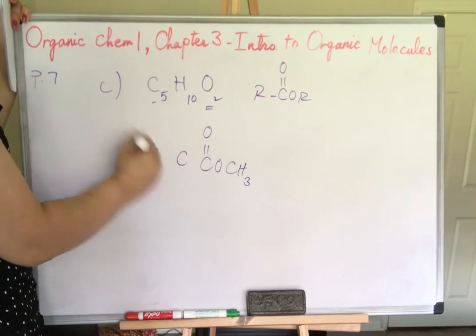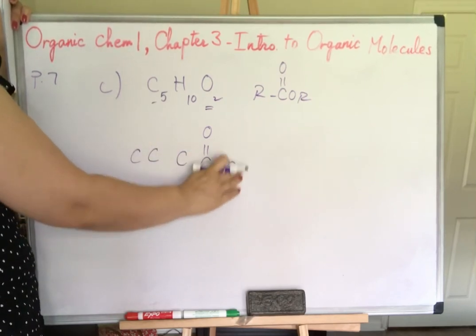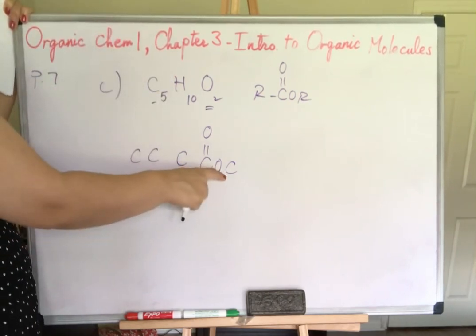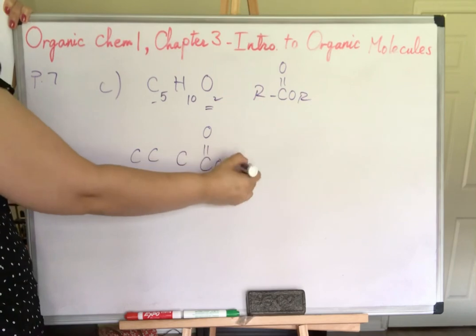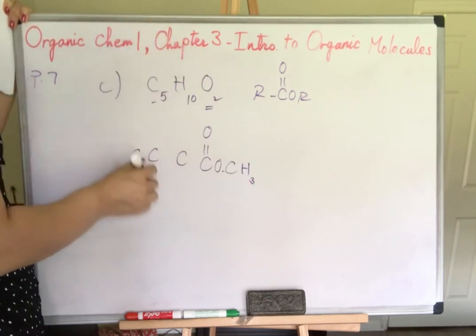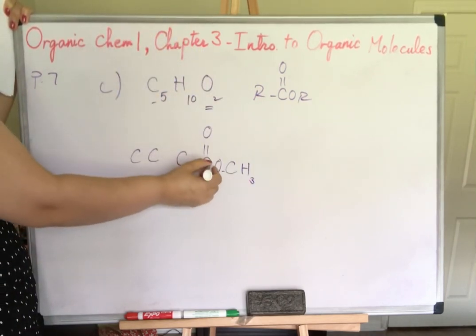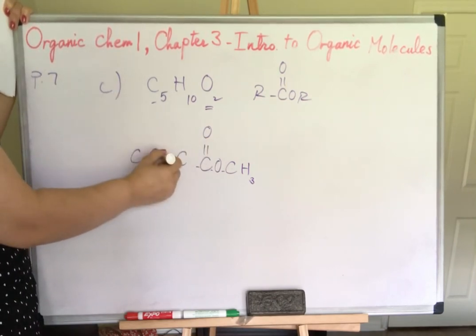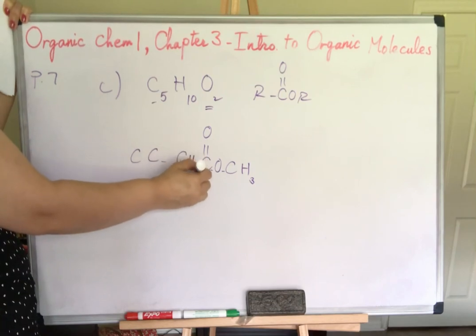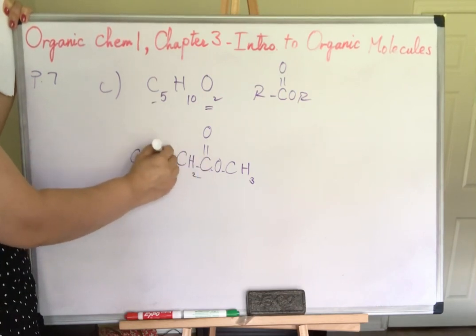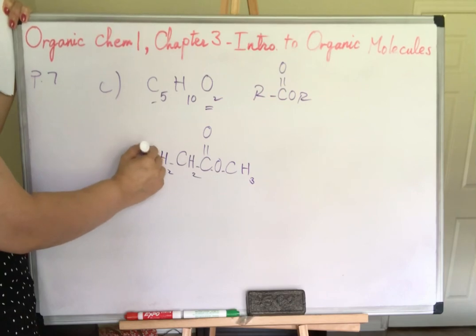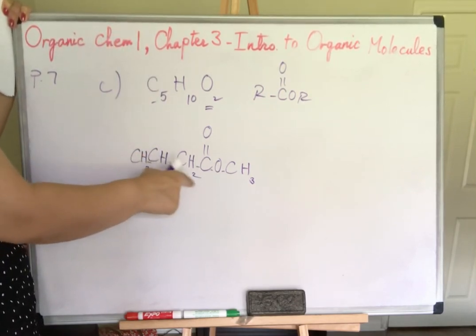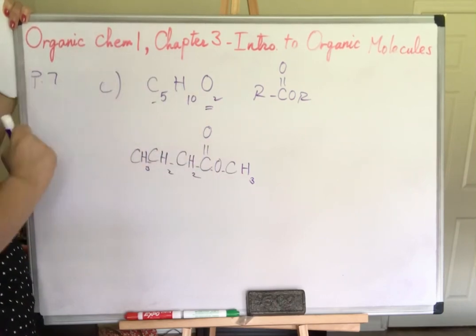C, C, C. If we don't put these hydrogens here, how many hydrogens do we need? 10. This carbon has only one bond with oxygen, so it needs 3. This carbon needs only one bond with the carbon because it already has 3. This carbon has 2 bonds, so it needs 2 hydrogens. Same here, and the last one needs 3. So let's double check the hydrogens. 3, 5, 7, and 10.